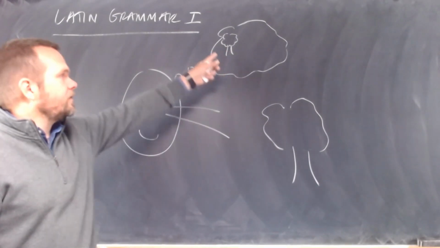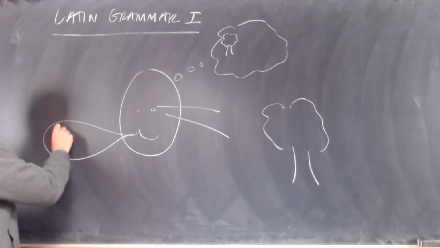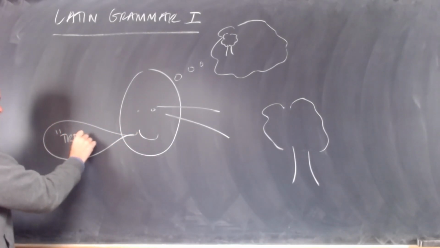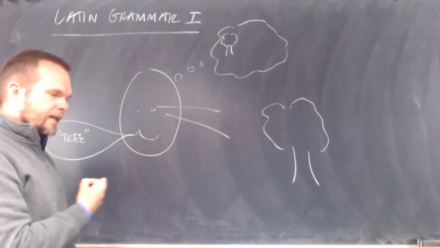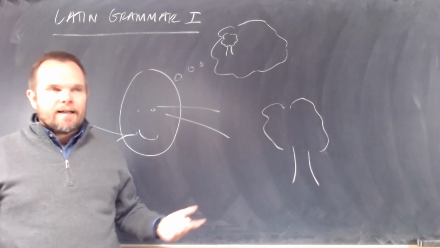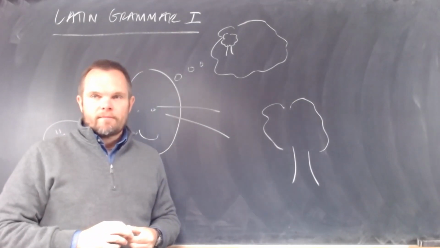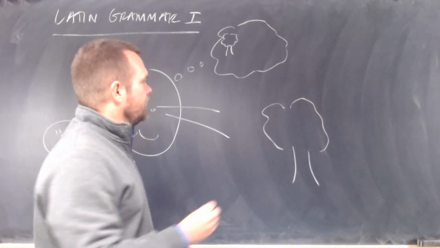Or you might name that, so I'll draw a speaking bubble here. You might name it tree. And that's good generally, but really that's just the class to which this thing belongs. Right? It's a tree, because you know what?